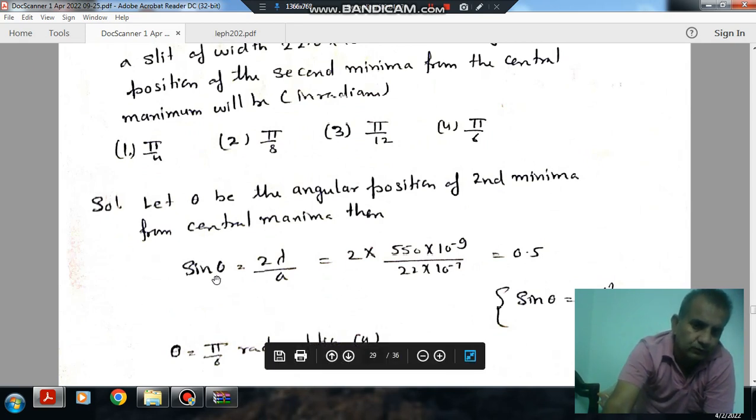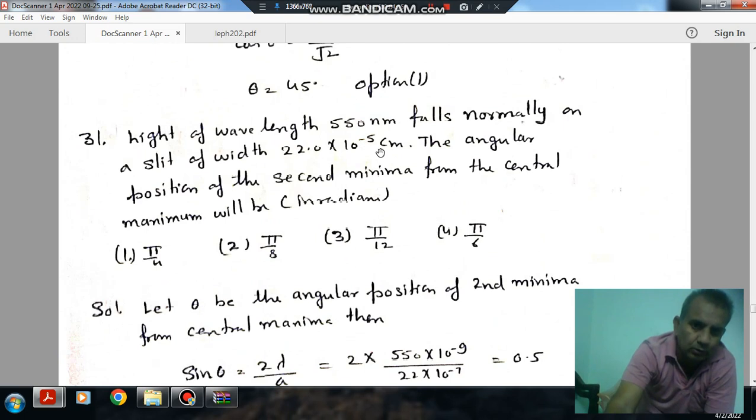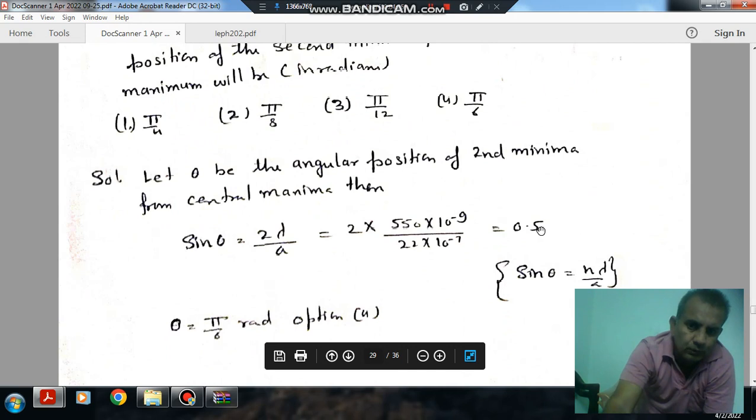So n is 2, so sin theta will be n lambda by a, that is 2 lambda by a, where lambda is 550 into 10 to the power minus 9, and a is 22 into 10 to the power minus 5 centimeter, or minus 7 meter. So putting in the values, sin theta will be 0.5, or theta will be 5 pi by 6 radian. The formula is sin theta is equal to n lambda by a.